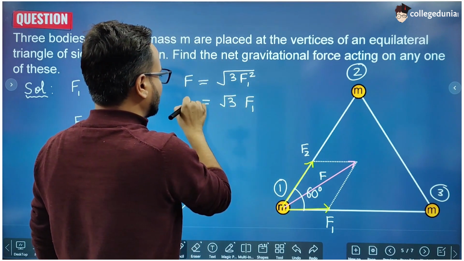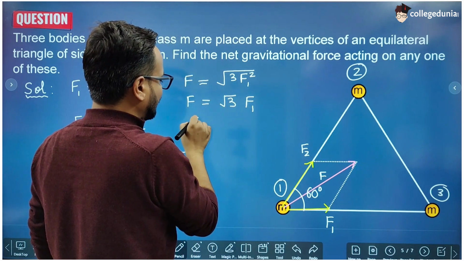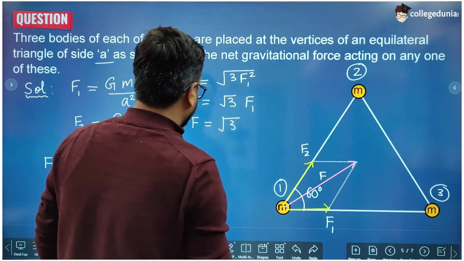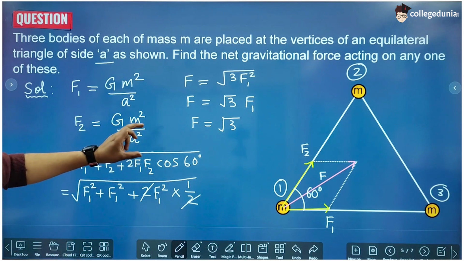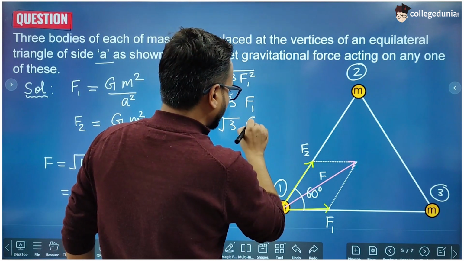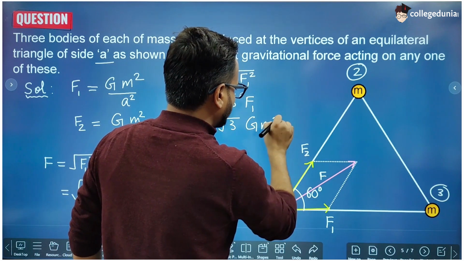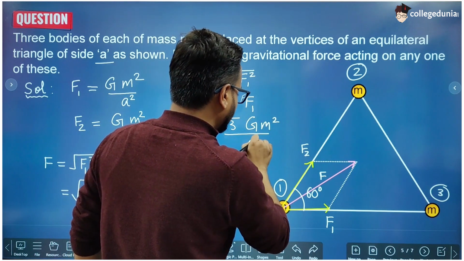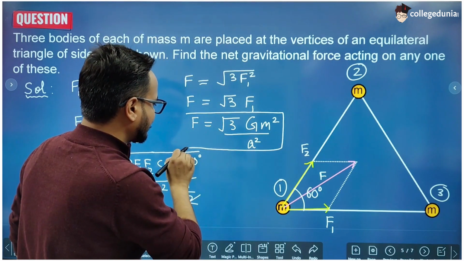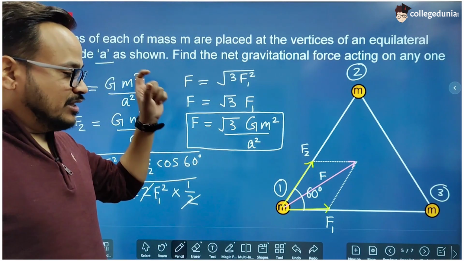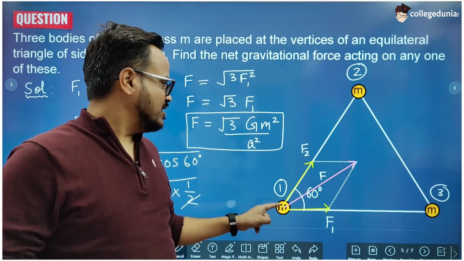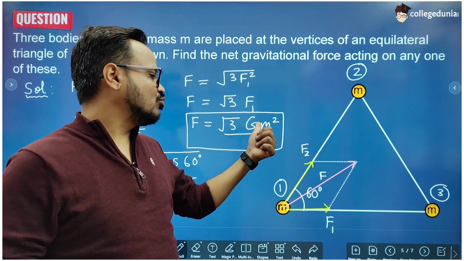So net force is under root 3 F1, and since we know the magnitude of F1, the resultant force F is under root 3 F1, that is under root 3 G m square by a square. So the magnitude of the resultant force on this body is under root 3 G m square by a square.